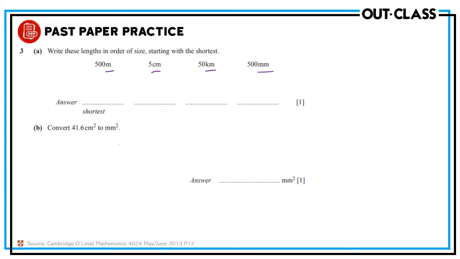So starting with 500, it is meters, so we can leave that as is. 5 centimeters is 1/100th of a meter, so this is 5 over 100 meters. I can write it like that for now. 50 kilometers, each kilometer is 1,000 meters, so this is 50 times 1,000 meters. And then finally millimeters are 1 over 1,000, so 50 over 1,000 meters.